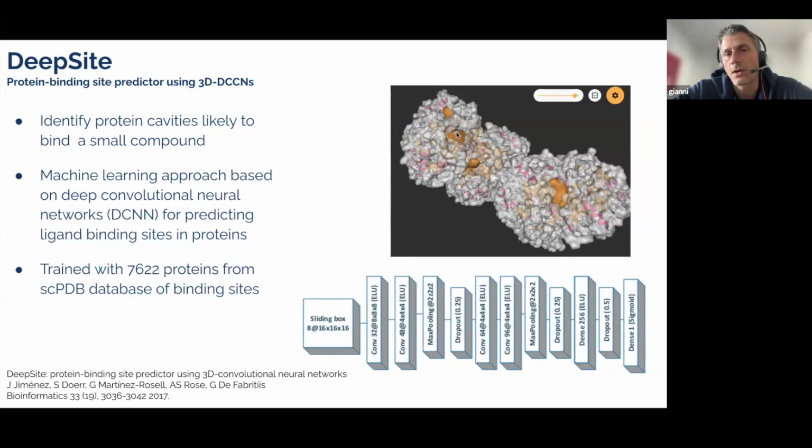These are the orange parts here in this picture. We were rasterizing over the structure with our 3D image and building this. So this is one of the first applications of machine learning in structural biology for prediction using deep learning.